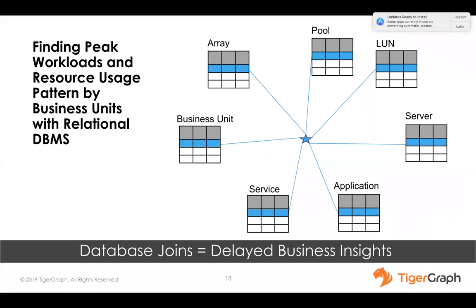And with traditional relational databases, investigating and finding the peak workloads by different business units will take a long time to finish computation with multiple database joins. This will cause delayed business insights.